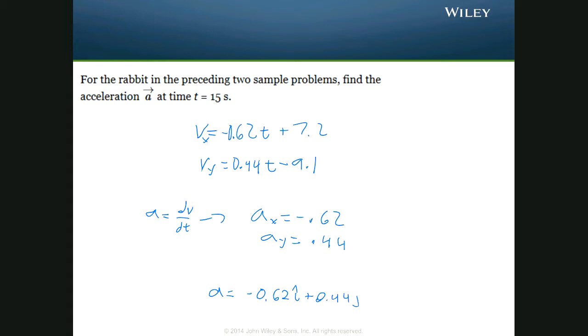Okay? And of course, this is an acceleration, so we need to be careful and get our act together. And we have the acceleration vector. All right? So I want to go down to the rabbit. We're going to look at the picture again. Oh, no.